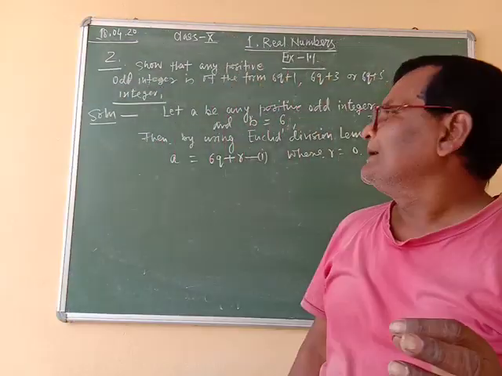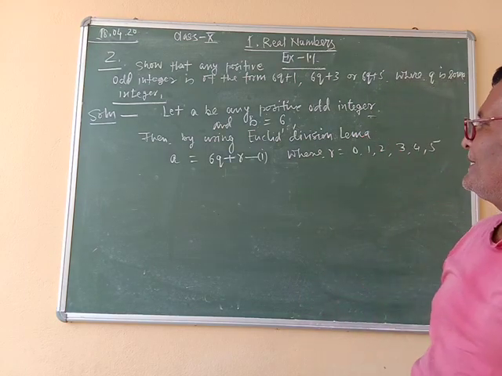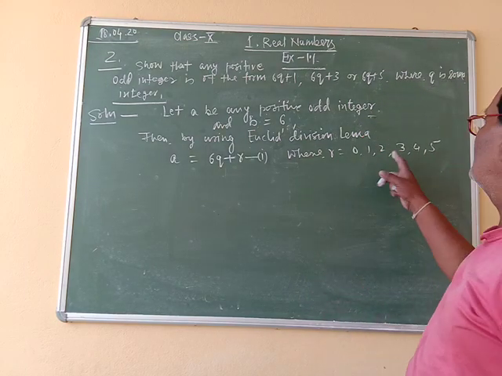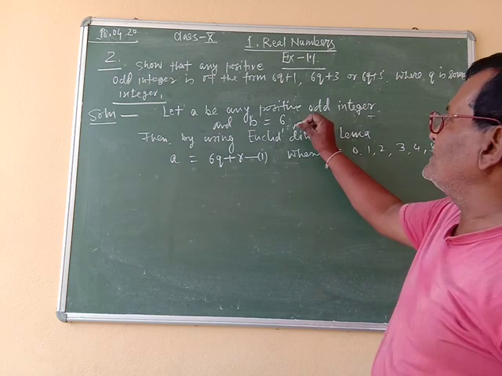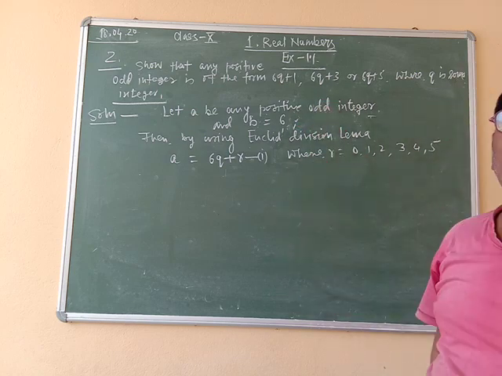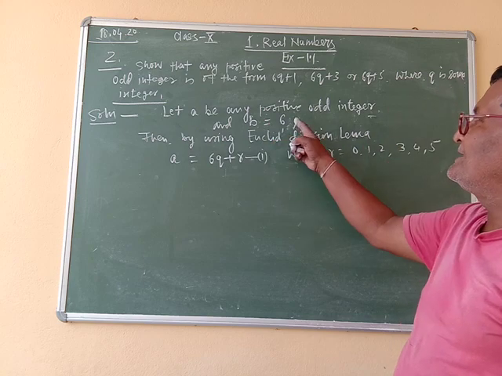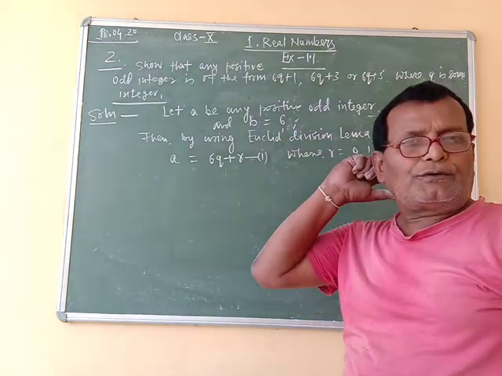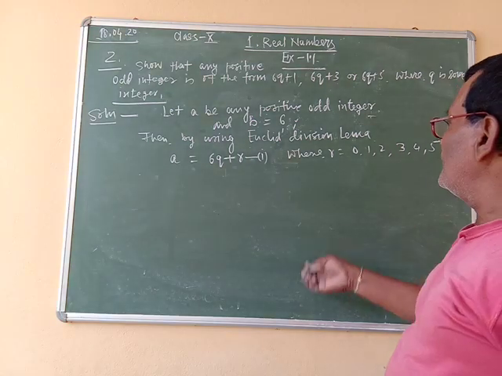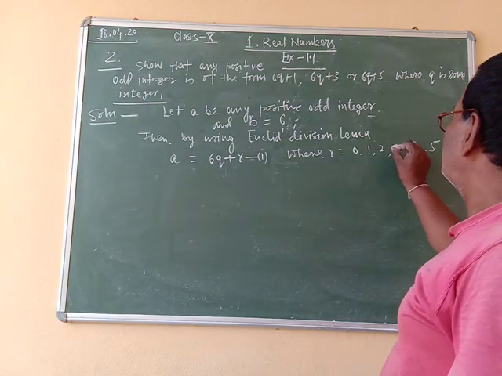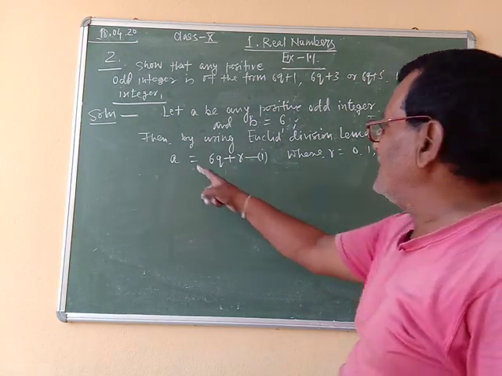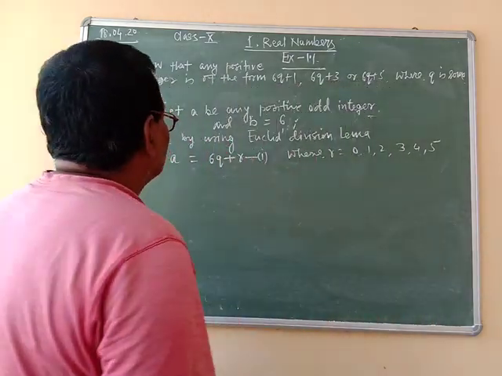We take the value of remainder as 0, 1, 2, 3, 4, 5 because b is equal to 6. Division by 6, so you take the value of r as 0, 1, 2, 3, 4, 5. a equals 6q plus r.